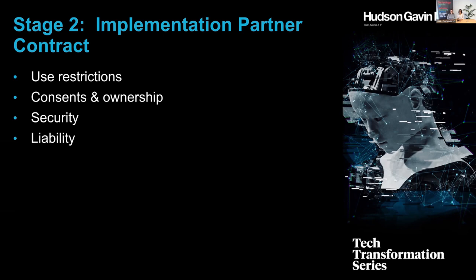I'm also likely to look for an indemnity from the customer in relation to customer data that it provides to me. That indemnity will be in order to protect me in the event that a third party makes a claim against me as a result of data that the customer has provided to me and which I have used in accordance with the agreement.